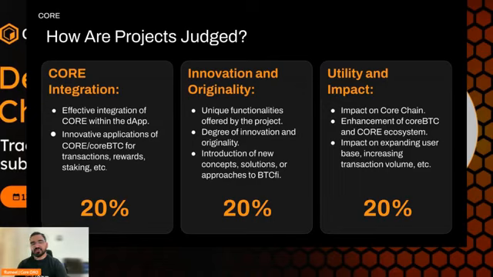Another one is the enhancement of Core BTC in the Core ecosystem, how your project is going to enhance Core BTC in the Core ecosystem, expanding our user base, increasing transaction volume, etc. This is the same thing that we discussed in the tracks part: how your application brings value in terms of transaction volume, how it will increase the transaction volume, how you will get more users, daily active users, monthly active users, how you will retain your users, and what the scalability mechanism of your application will be. That comes under the utility and impact section. The criteria for this one is almost 20% as well.